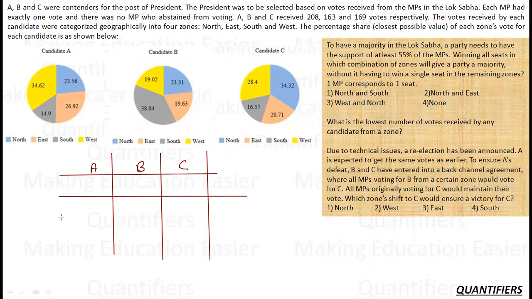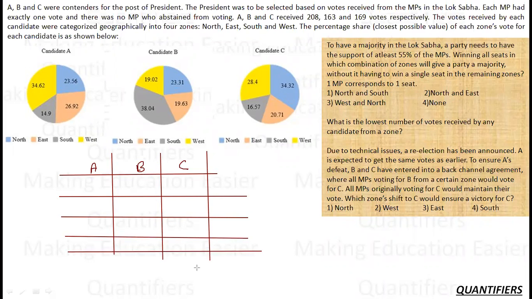So from north, then east, then south, and then west. So these are the four places: north, east, south and west. Now A has received a total of how many? 208. This person is 163 and this person is 169. So the only tough task now is to determine the number of votes.